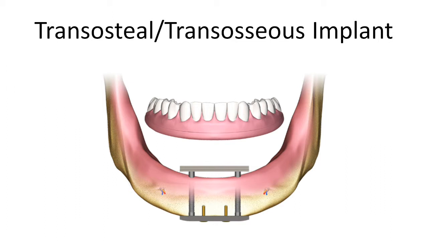Those of you who started placing root-formed implants will know how difficult it is sometimes to get your angles right. Just imagine trying to drill up through somebody's mandible and get the exit point smack on to support a bar, because this bar, to be any use at all, has to be positioned on top of the ridge, along the ridge.